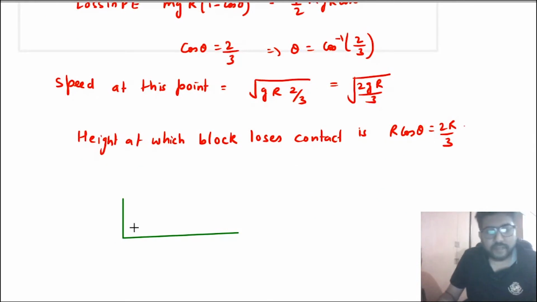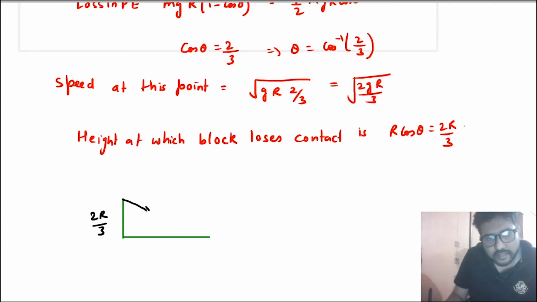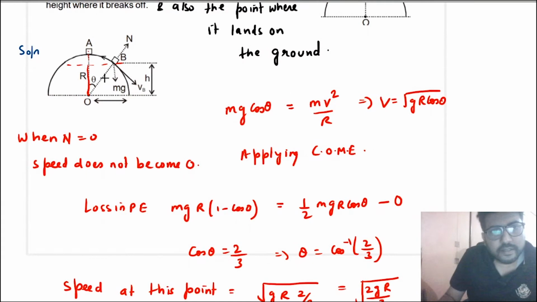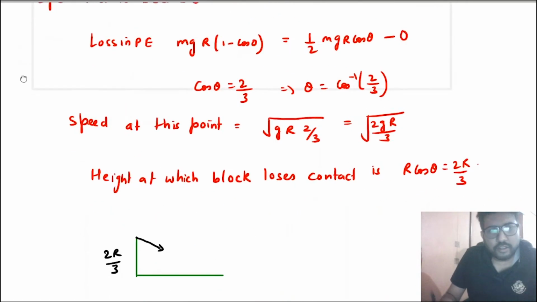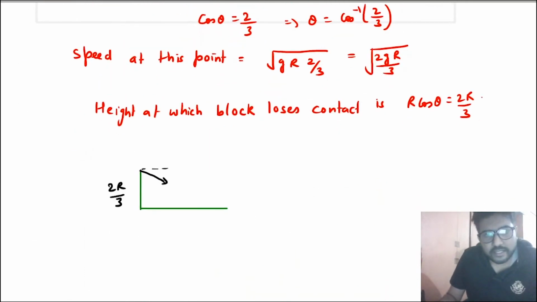Now you know that after the block loses contact, there will be no circular motion, or the circular motion will cease to exist, and it will start a free fall motion, and that is the projectile motion. So it will start the projectile motion from a height 2r by 3, and at an angle, see, if this angle is theta, this is 90 minus theta, this angle is also theta. So at an angle theta with the horizontal, right?